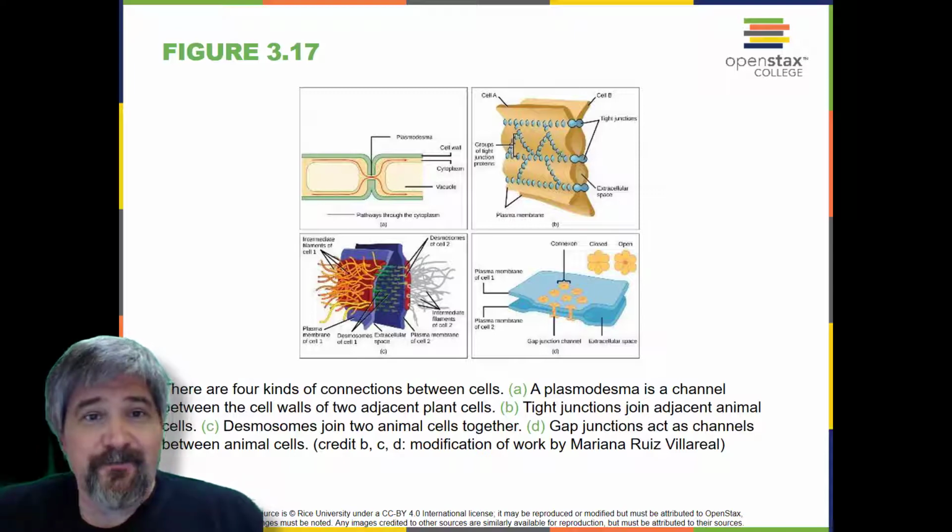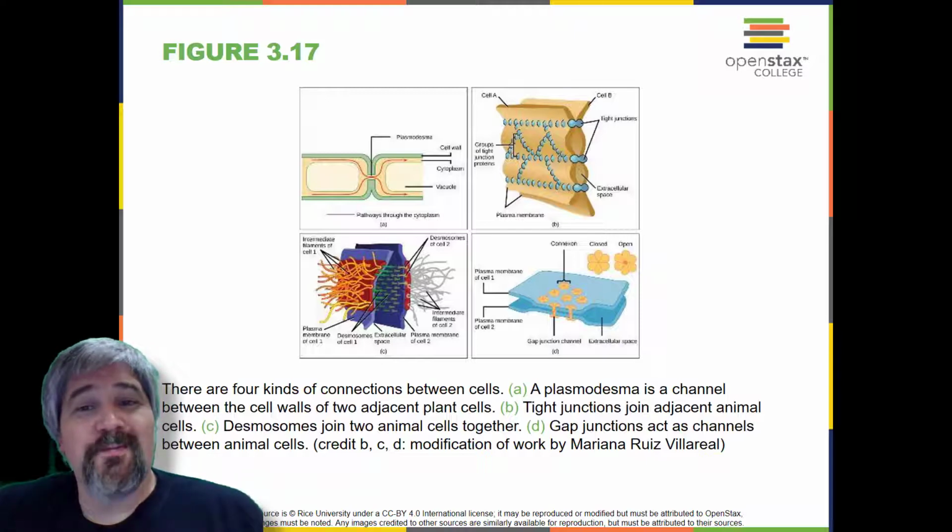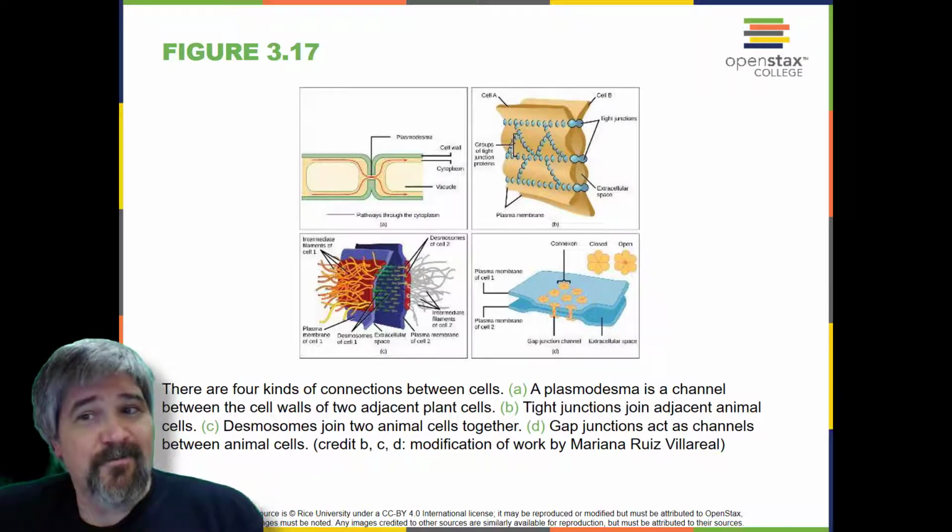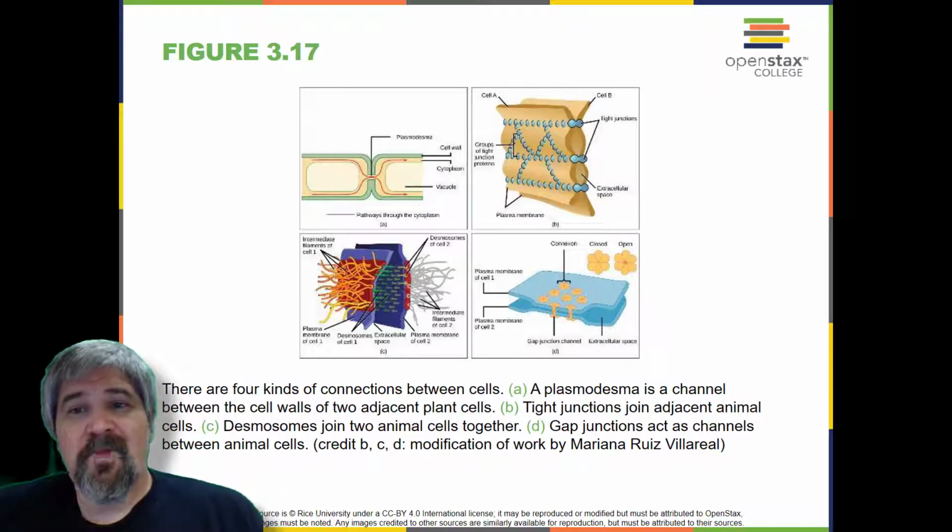Intercellular junctions. Cells can also communicate with each other by direct contact, referred to as intercellular junctions. There are some differences in the ways that plant and animal cells do this. Plasmodesmata, singular plasmodesma, are junctions between plant cells, whereas animal cell contacts include tight and gap junctions and desmosomes.